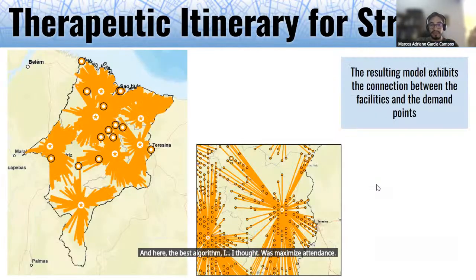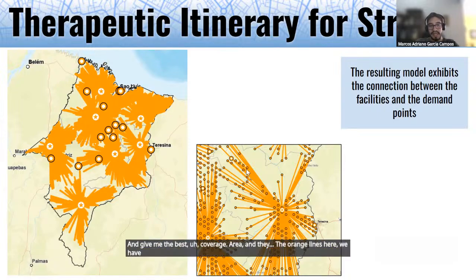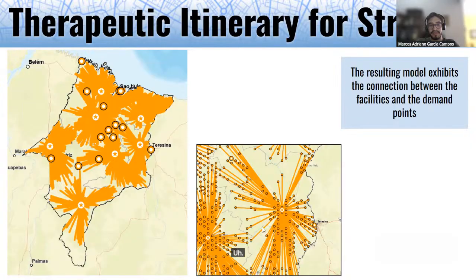This is the result of the model, the final result. What does it represent? That orange star represents the services located, the best strategic services, the ones that give me the best coverage area. And the orange lines here are the connections between the demand points and that service.